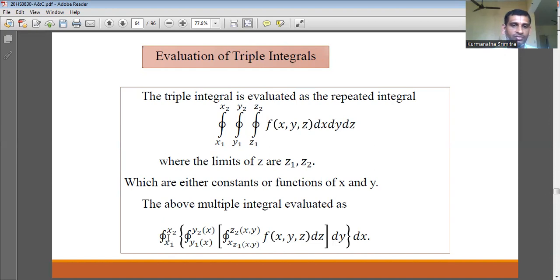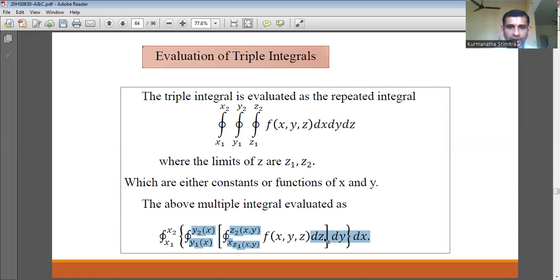So we have the integration of x1 to x2, of y1 to y2, of z1 to z2, of f of x, y, z, dz dy dx. In this process, we integrate first with respect to z, second with respect to y, and third with respect to x.